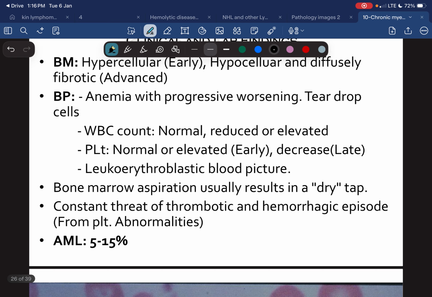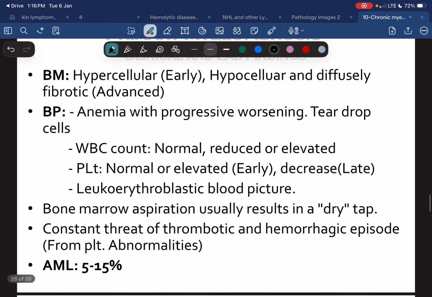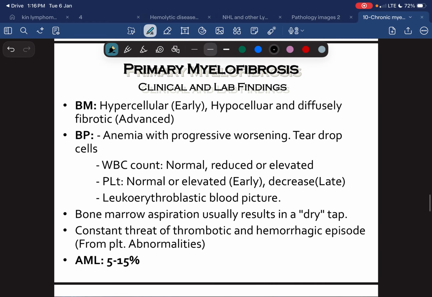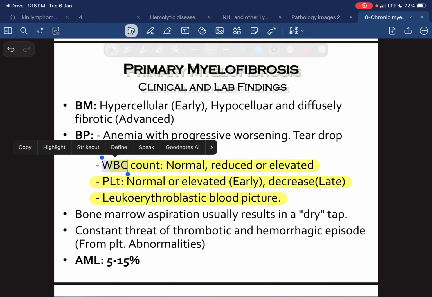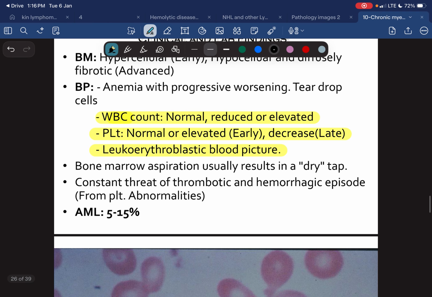Platelets normal or elevated early in the course of myelofibrosis and decreased in number late. We also talked about the picture of leukoerythroblastic blood picture, presence of blasts and immature cells in the peripheral blood. Characteristic of myelofibrosis is the dry tap feature.